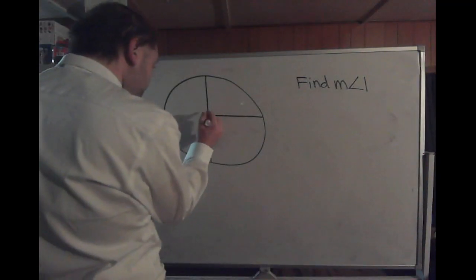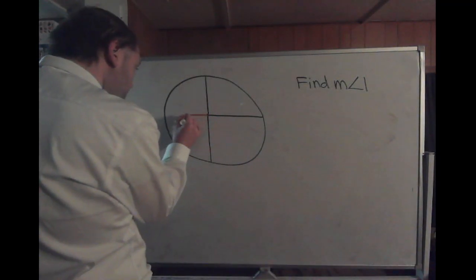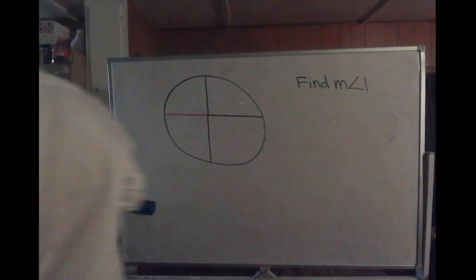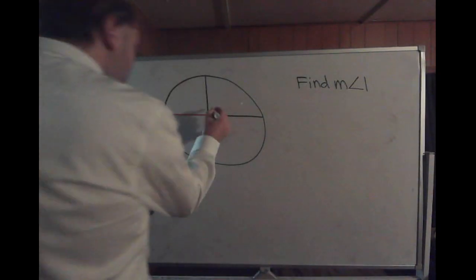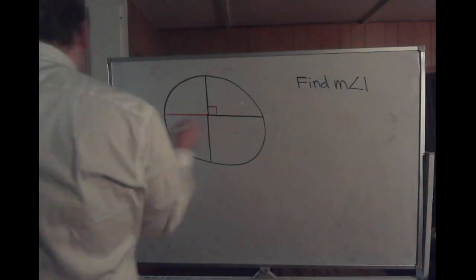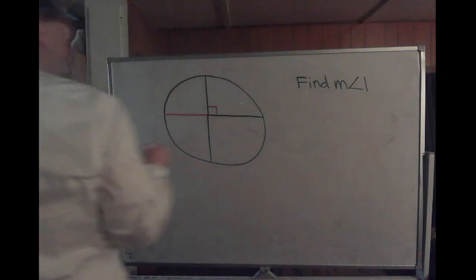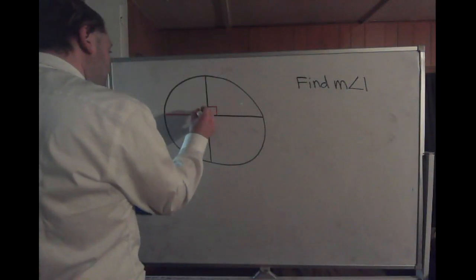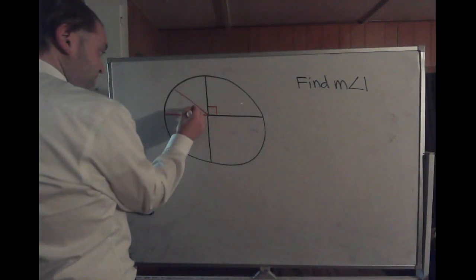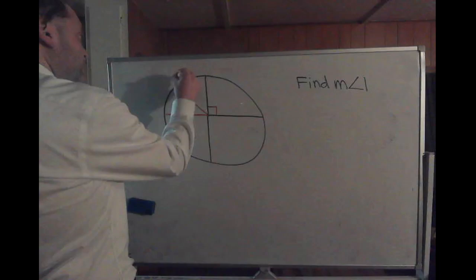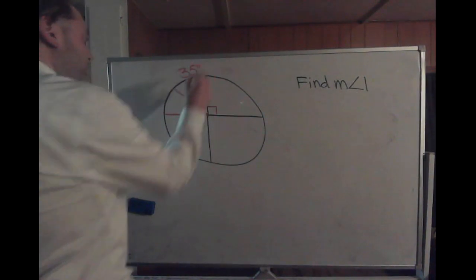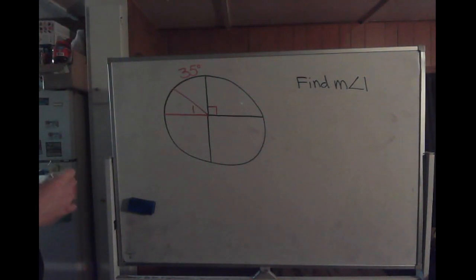Yes, then we go straight to the left with the red. All right, this is a 90-degree angle. Here's central angle 1. This arc here is 35 degrees, right? Okay.